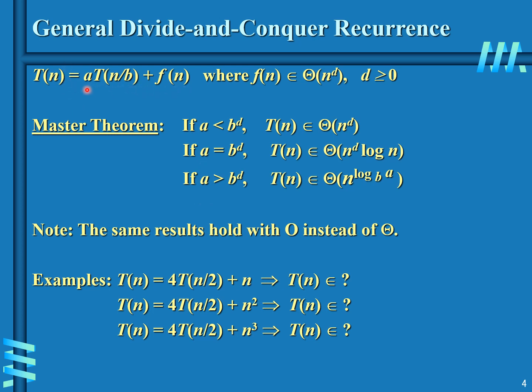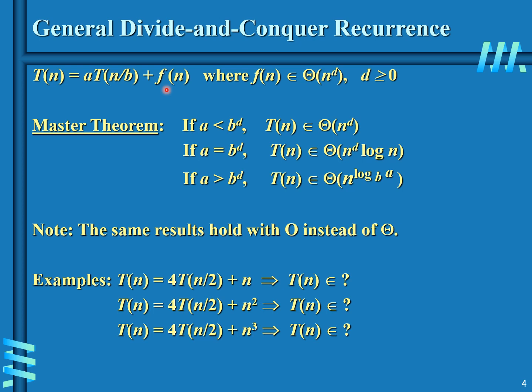Where a is how many instances of the subproblem you are dividing into, whether it is 2 or 3 or 4. Where b is the factor, whether you are dividing by 2 or 3 or 4 and so on. Where f of n is the time taken to divide the problem and to combine the solutions of the subproblems.